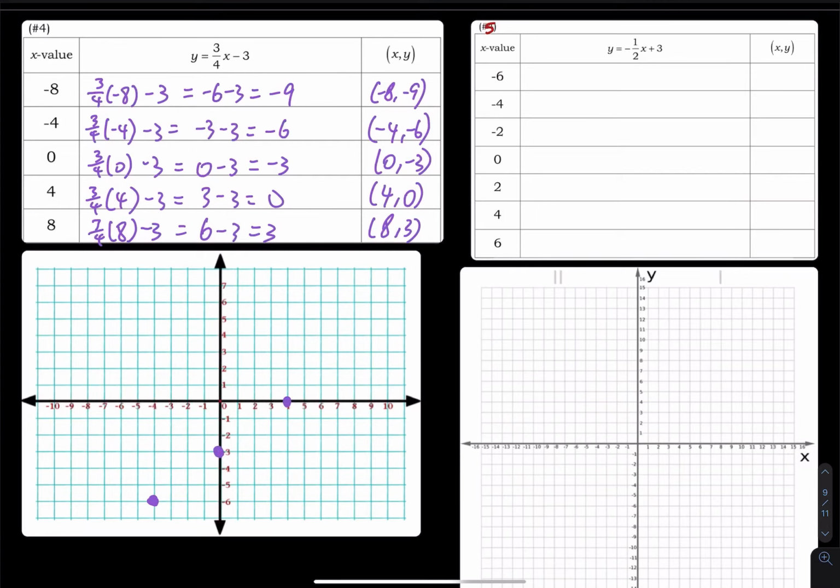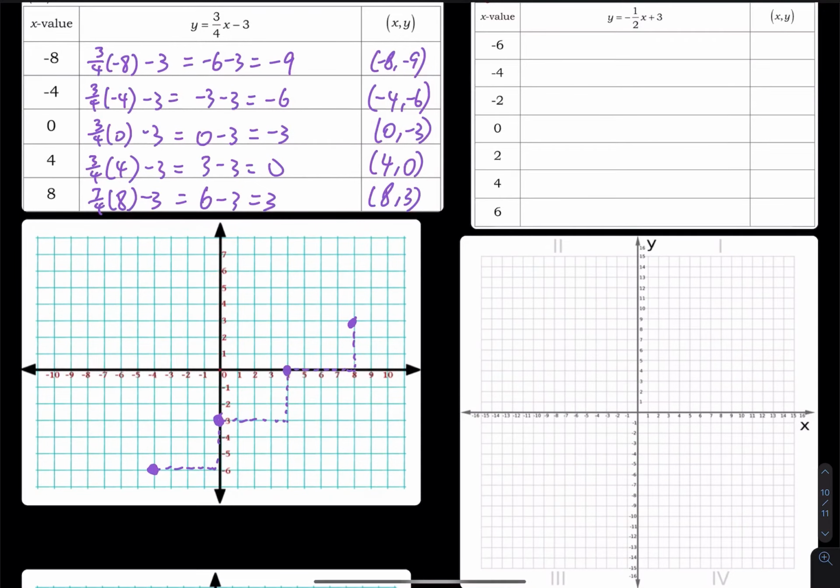And then 8, 3. Do you see what the pattern is? The pattern is 4 units right, 3 units up, 4 units right, 3 units up. So now, do we agree that we don't even need the -8, -9? I know that is out of the picture.